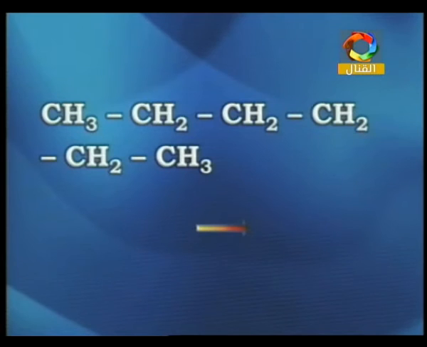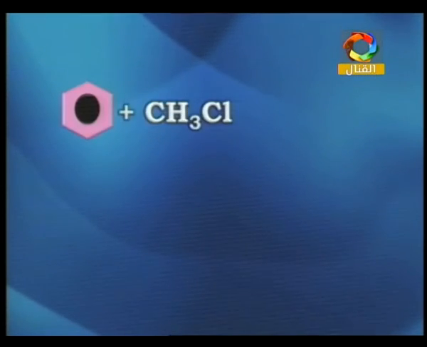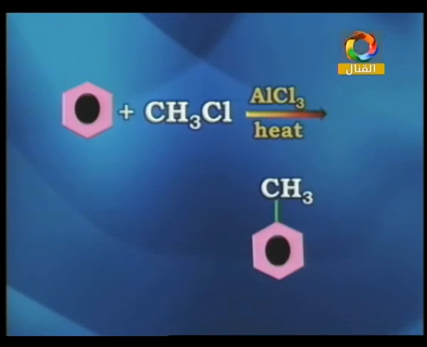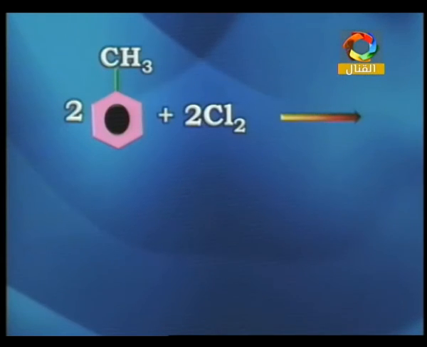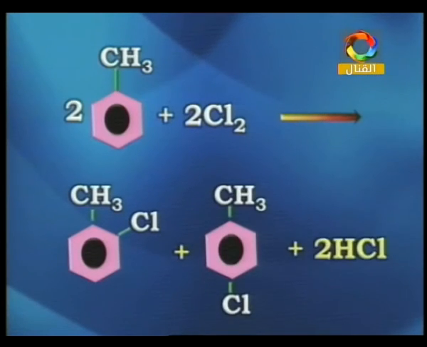As shown on the screen, normal hexane, by heating in the presence of platinum, gives benzene and 4H2. Then benzene reacts with methyl chloride in the presence of anhydrous aluminum chloride and heat, giving toluene and releasing HCl. Then toluene, when reacting with chlorine, gives ortho-chlorotoluene and para-chlorotoluene and 2 moles of HCl.